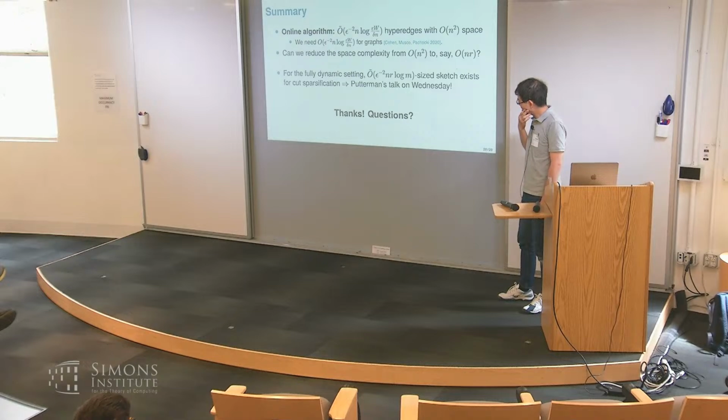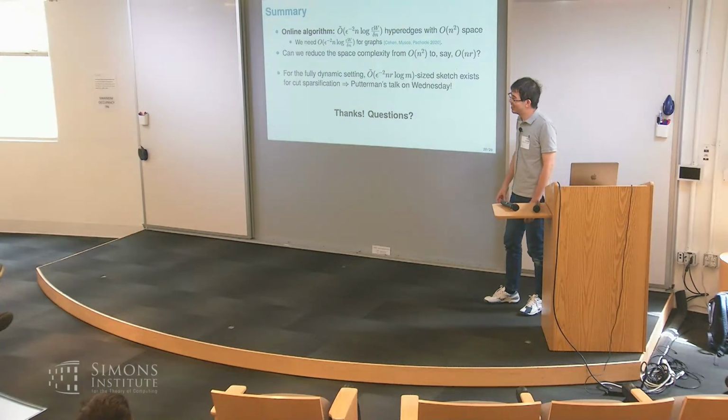Okay, well, I guess the very first cut sparsifier designed by Karger was not a spectral sparsifier because it doesn't care about the spectral quadratic form at all. So I don't think it's a spectral sparsifier, but I don't have a small example.